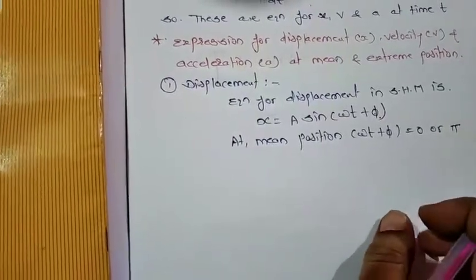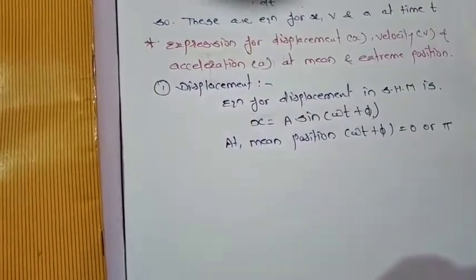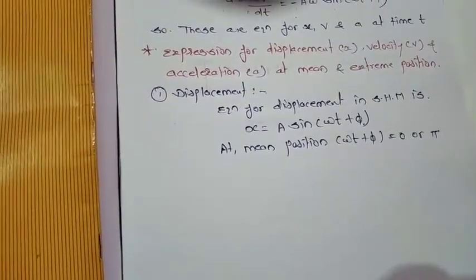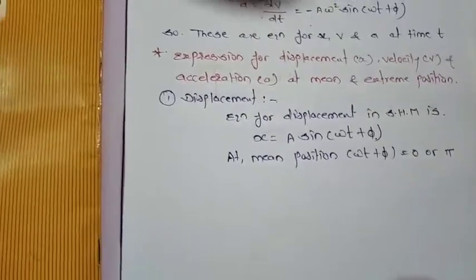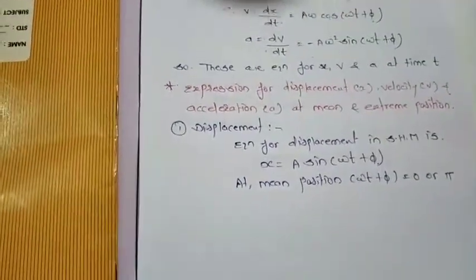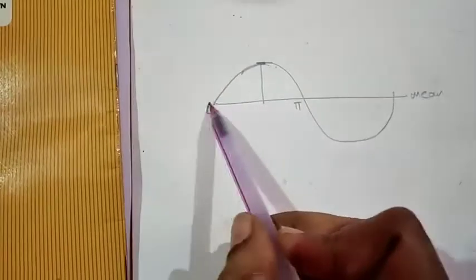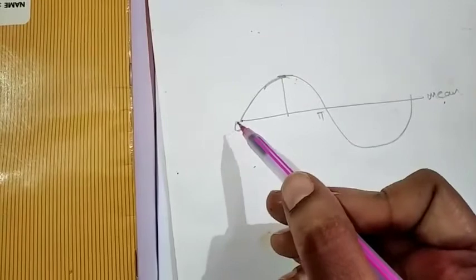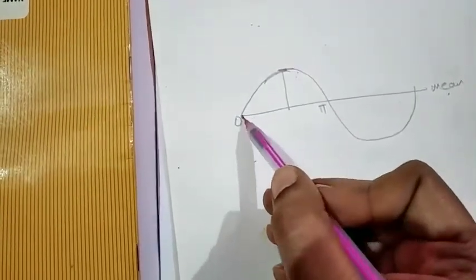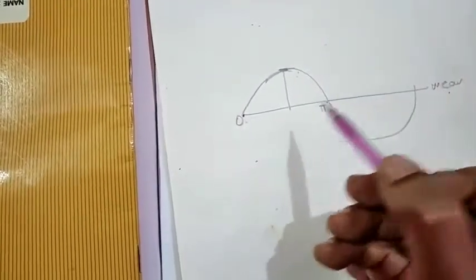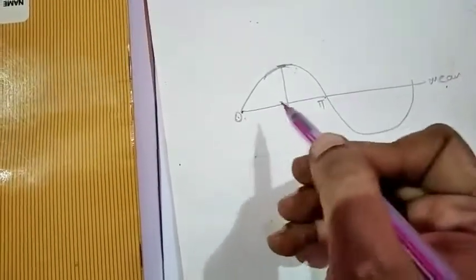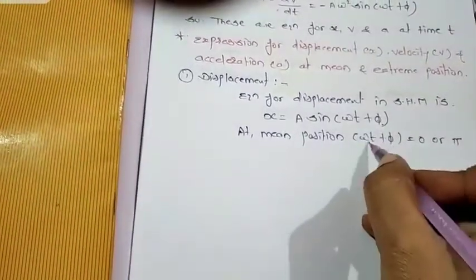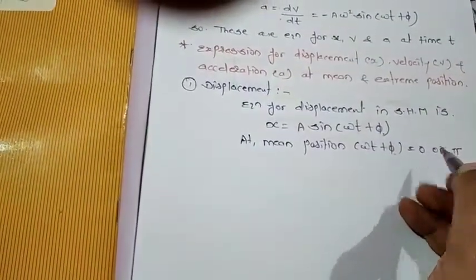In the last lecture I have explained what is the mean position and the extreme position. So at the mean position, omega t plus phi is equal to 0 or pi.